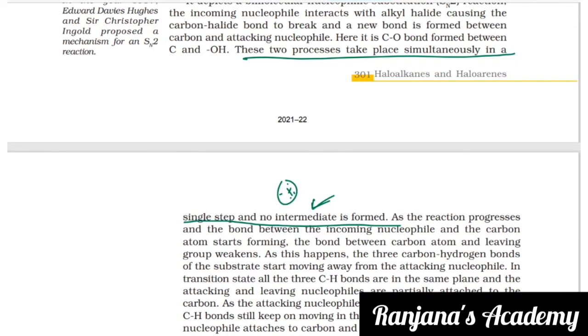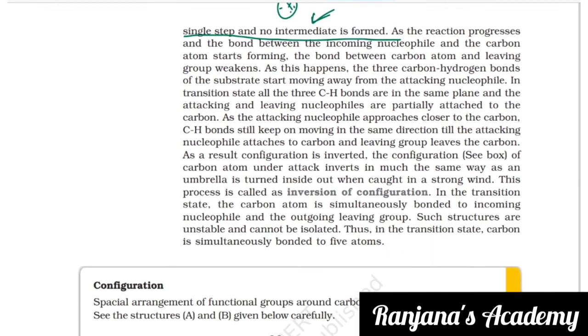As the reaction progresses and the bond between the incoming nucleophile and the carbon atom starts forming, the bond between the carbon atom and the leaving group weakens. As this happens, the three carbon-hydrogen bonds of the substrate start moving away from the attacking nucleophile. In the transition state, all three C–H bonds are in the same plane and the attacking and leaving nucleophile are partially attached to the carbon.